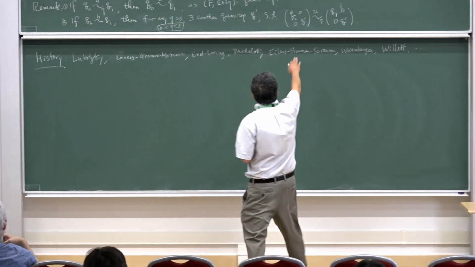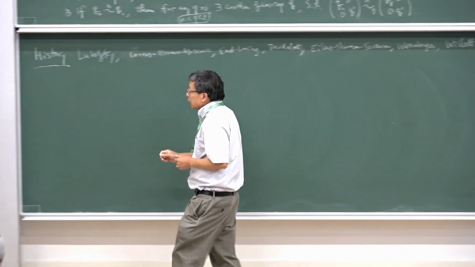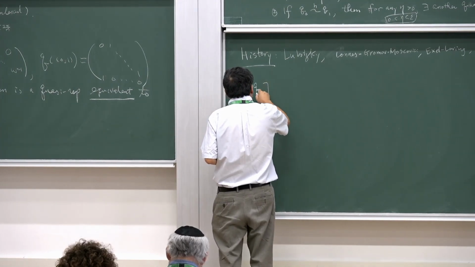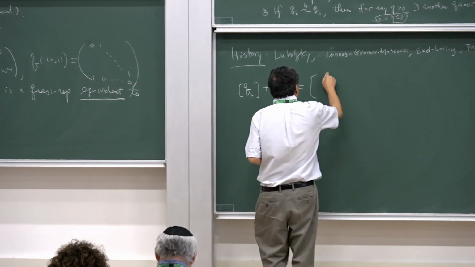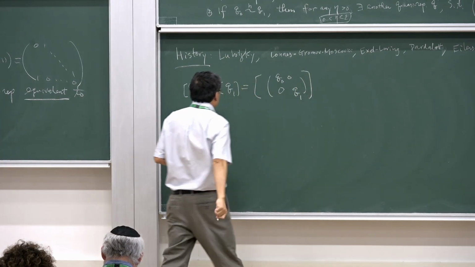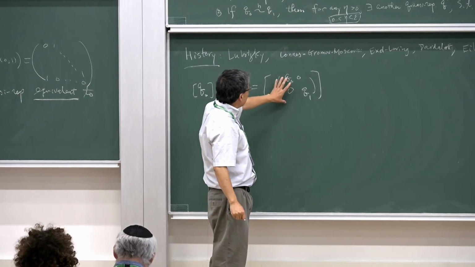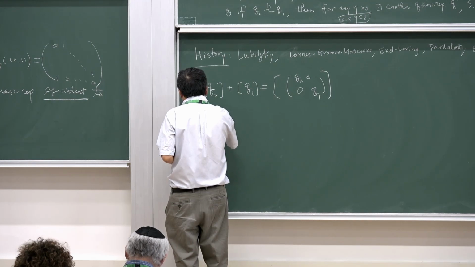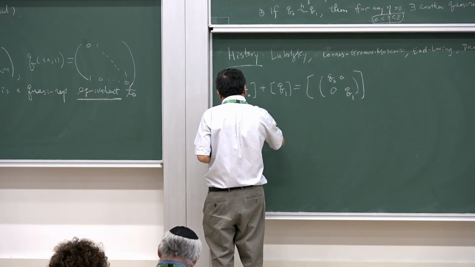So this is already suggesting that we should add two things. The way to add is just direct sum. Up to this equivalence relation, this is abelian. So this is an abelian semigroup.